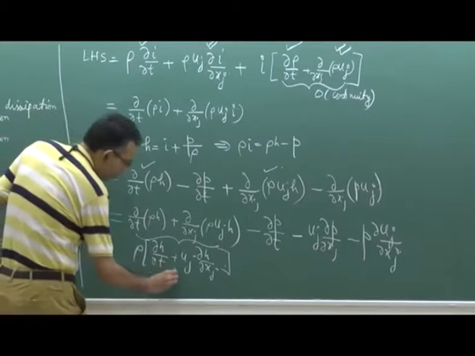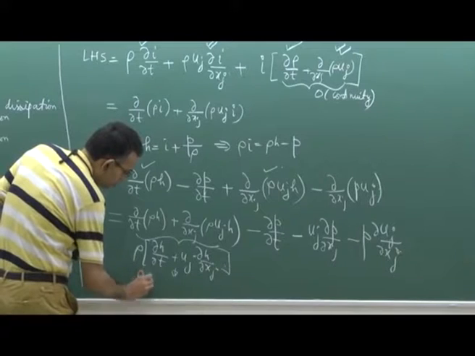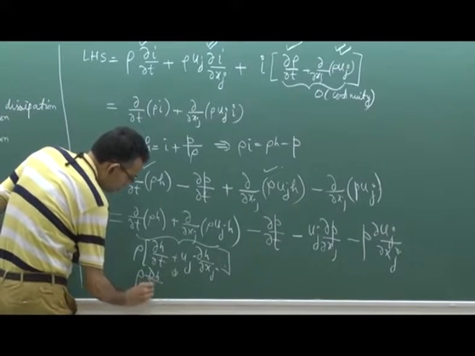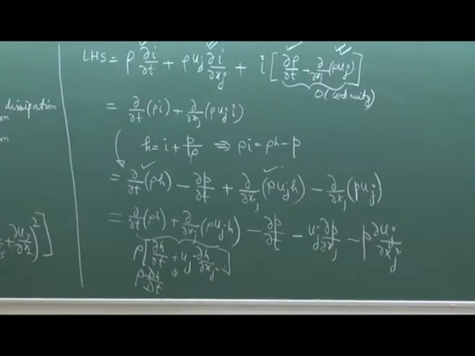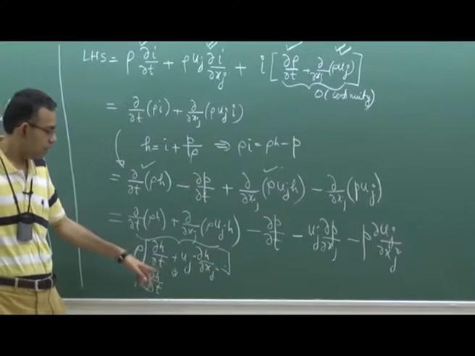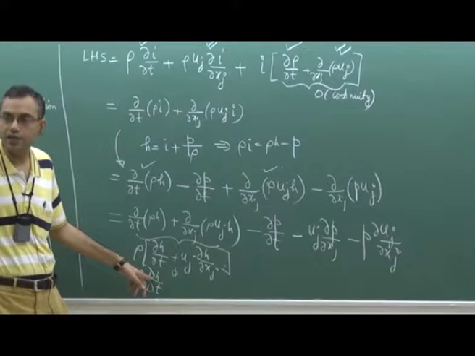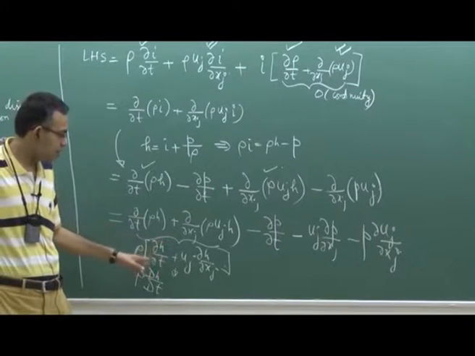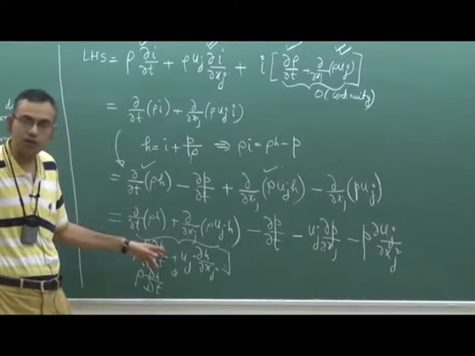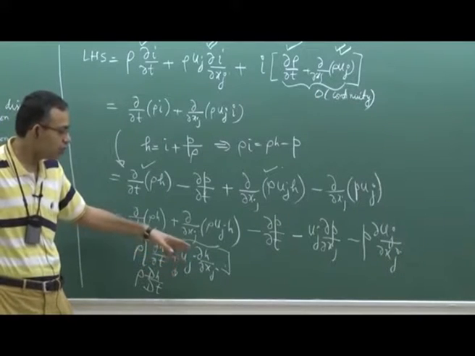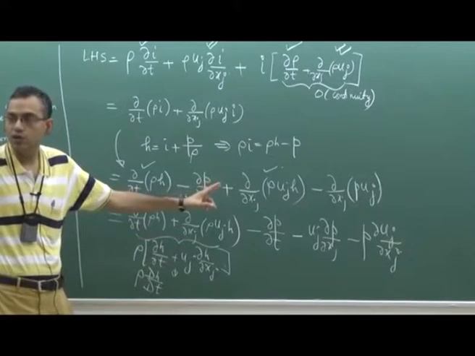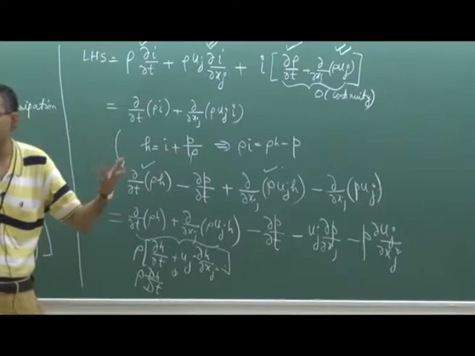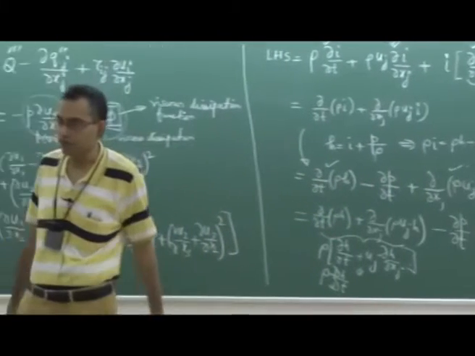So this in a shorthand notation is rho times the total derivative of enthalpy. You are familiar with the capital D/Dt, that is the total rate of change: the change with respect to time at a given location plus the change due to advection to a different location, where you get a new velocity field and a new scalar field.